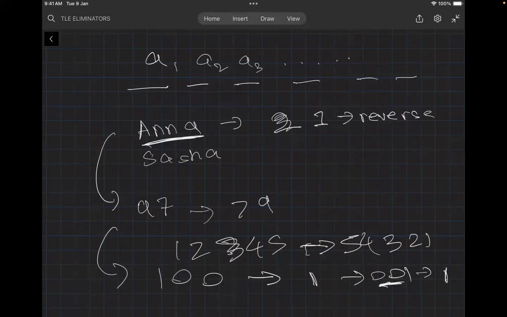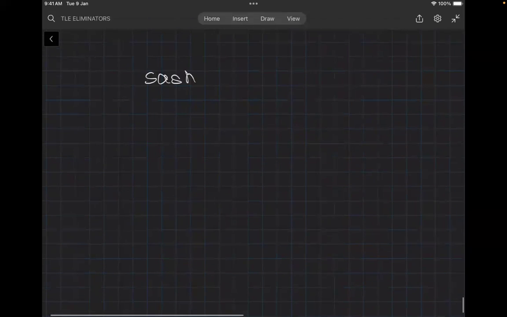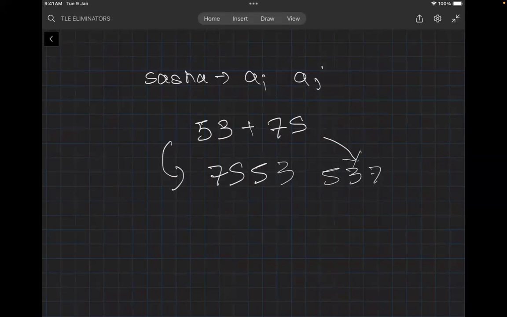So this is what Anna does. And what does Sasha do? Sasha takes any two elements, Ai and Aj, and concatenates them. For example, if it's 53 and 75, then she just concatenates them like a string. So she can either make it 7553 or she can make it 5375. She cannot change it, okay? Either 75 and then 53, or 53 and then 75.